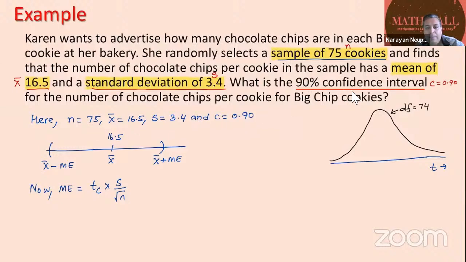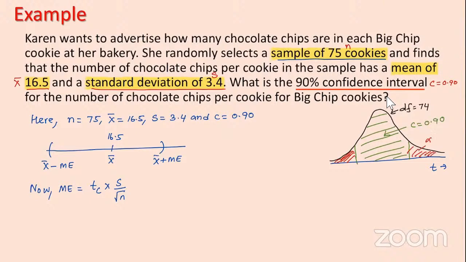Now we are looking for a 90% confidence level. So the middle area is 90%. So you can show that middle area c as 90%. So c is 0.90. That is the area in the middle. And the remaining 10% is divided on the 2 tails.